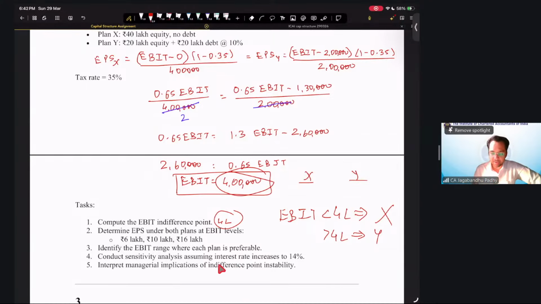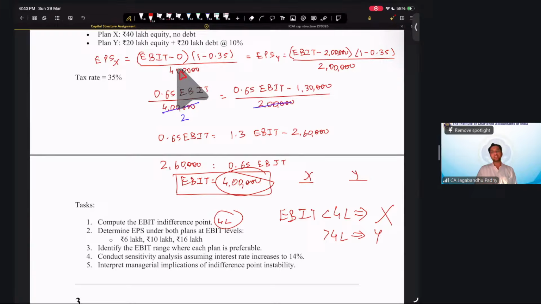Conduct the sensitivity analysis assuming interest rate increases to 14%. What will happen to the indifference point if, let's say, the rate of interest is 14%?